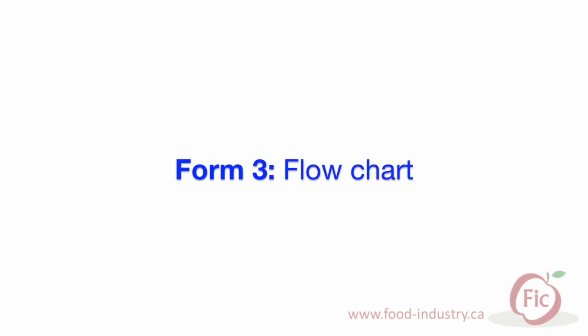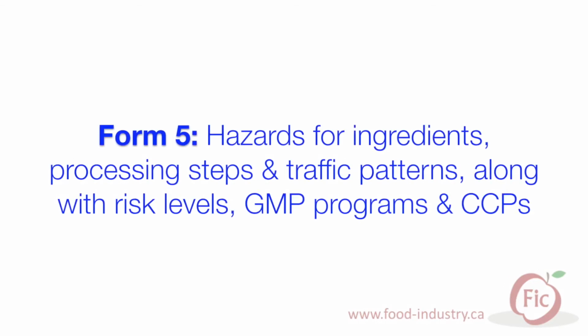Form 3 is the flowchart. Form 4 is the plant schematic or the site map. Form 5 includes all the hazards for ingredients, processing steps, and traffic patterns, along with the risk levels and all the appropriate GMP programs needed for reducing the risk level. CCPs will also be determined.